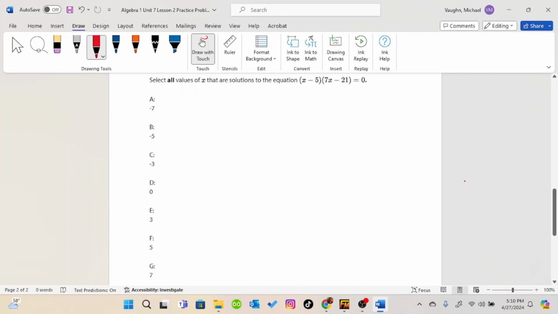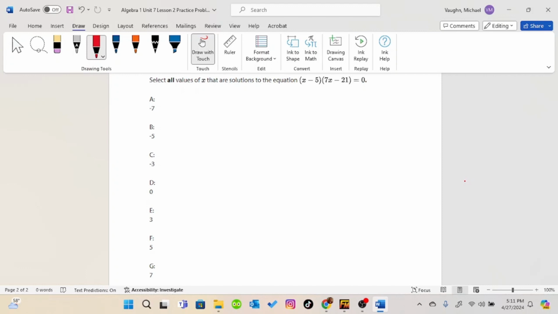Select all values of x that are solutions to the equation the quantity of x minus 5 times the quantity of 7x minus 21 equals 0.